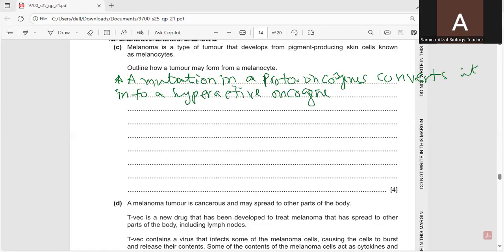So it takes place due to the mutation, which stimulates the cell to divide rapidly.